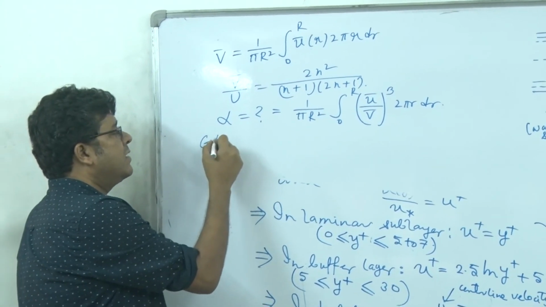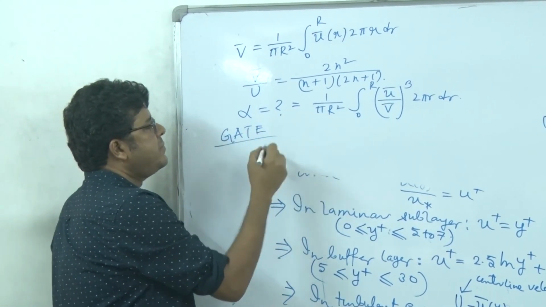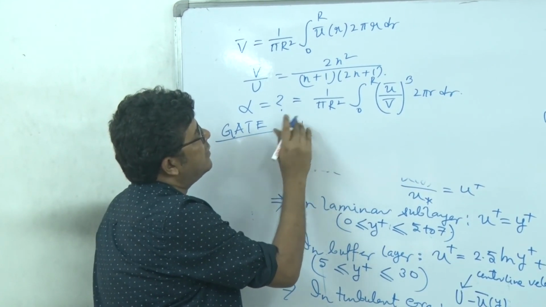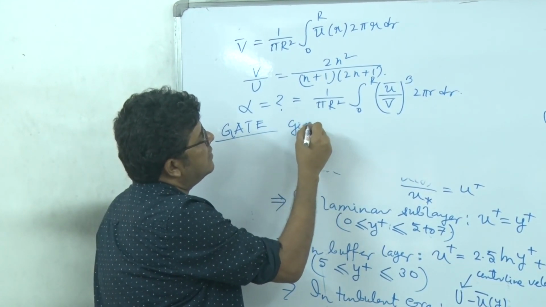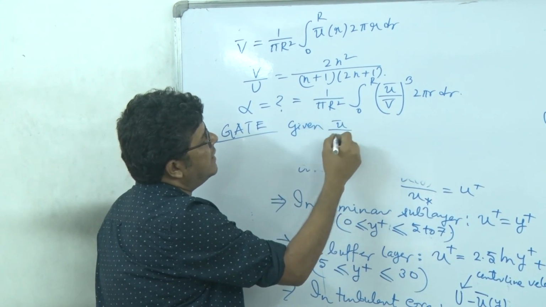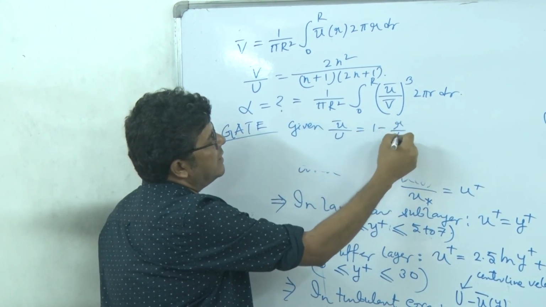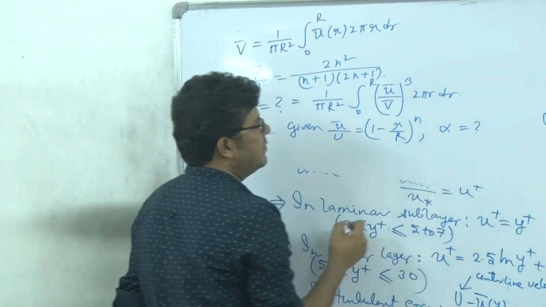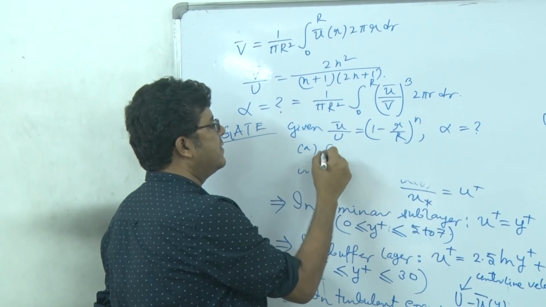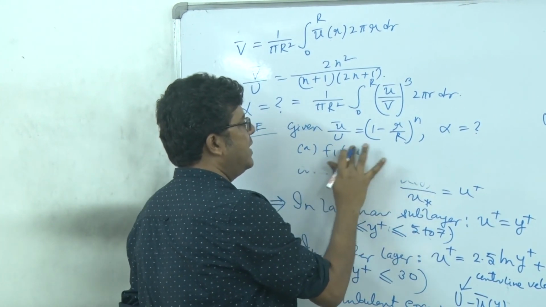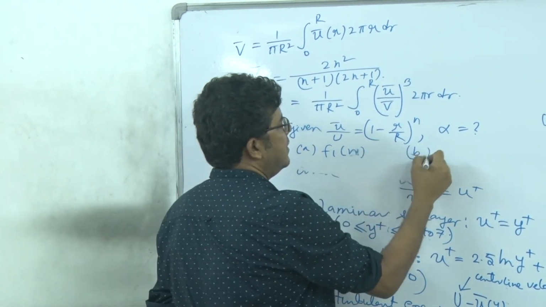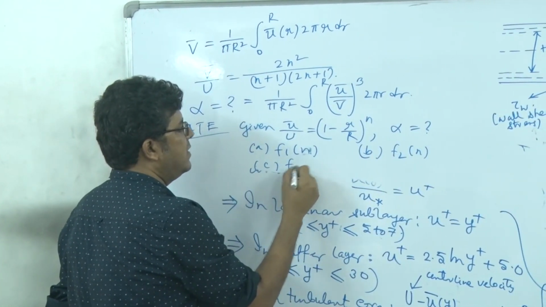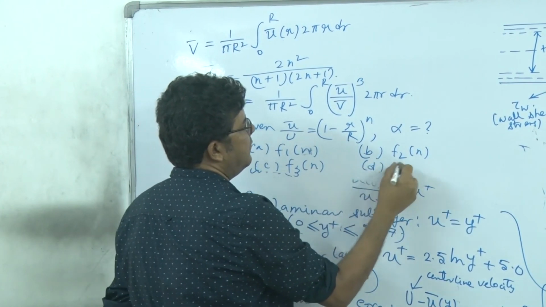Once a GATE question was like that: a power law was given, this equation, U bar divided by capital U is equal to 1 minus small r by capital R to the power 1 by n, and you are asked to find the expression for alpha, with 4 options: F1(n), F2(n), F3(n) and F4(n).